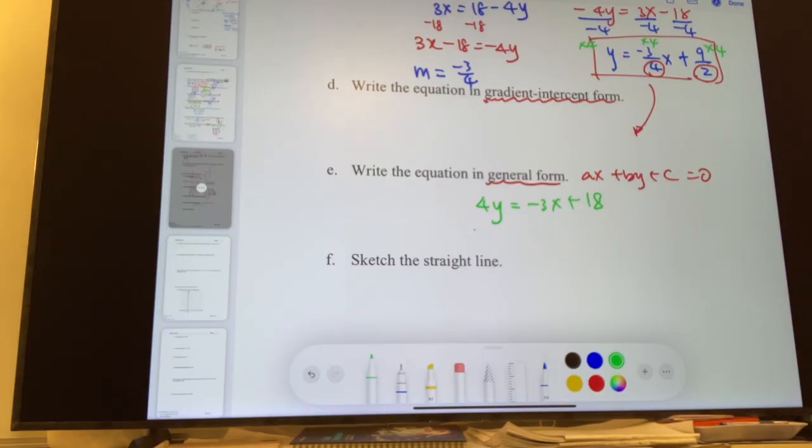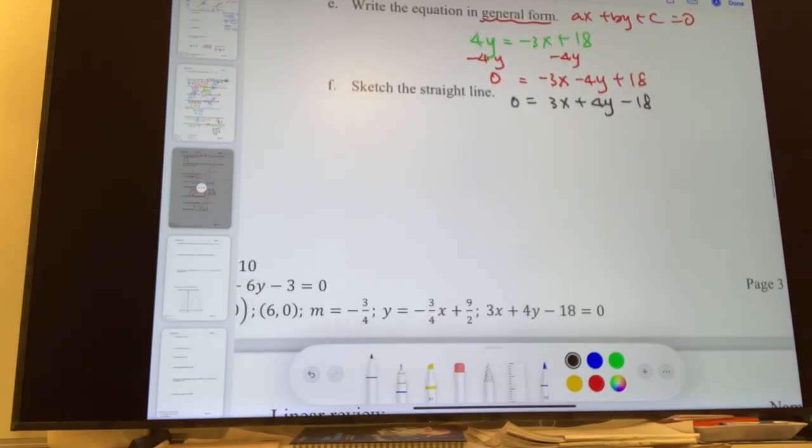If I minus 4y from each side, you are going to have 0 equal to minus 3x minus 4y plus 18. And you are not allowed to have a negative in the front, so change all the signs.